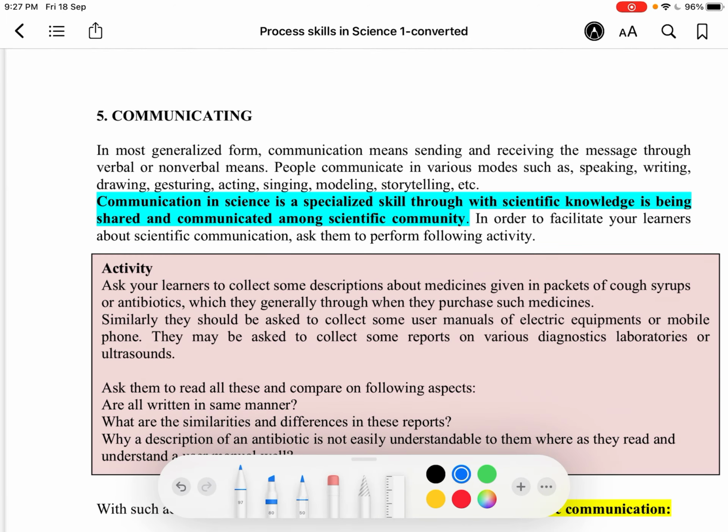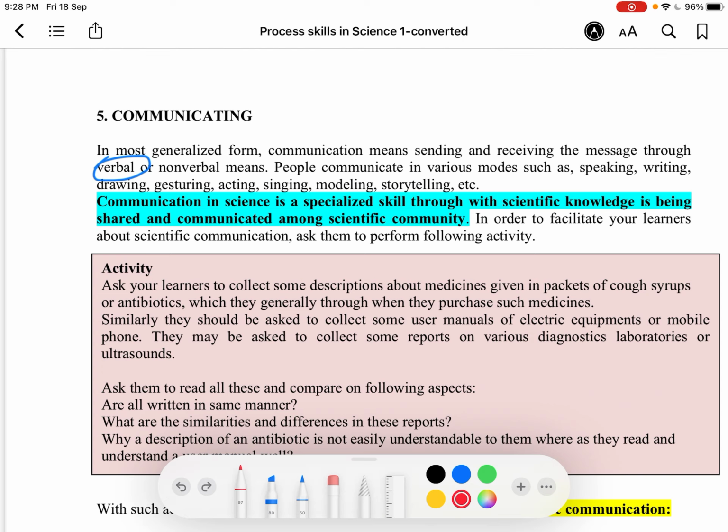Verbal means by vocally we can share, and non-verbal means by other ways, not by speaking, but in other ways also we can communicate our information or share our total work with others. So for that we have to make use of language, and that is known as communication.